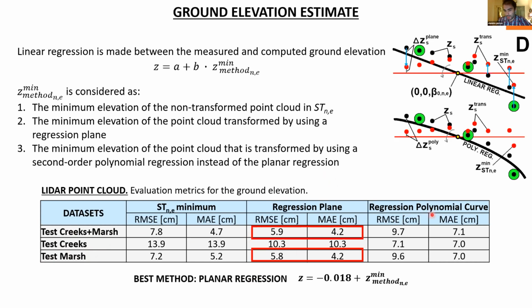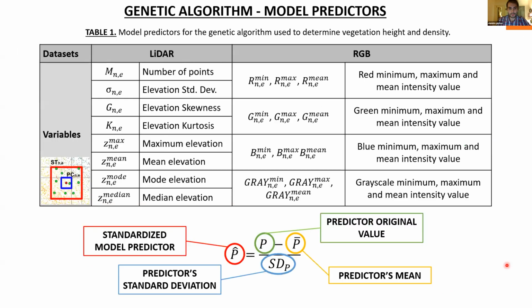But it is pretty interesting that if we use the regression polynomial curve, we have some better results here for the points on the creeks. But we decided to use the regression plane in the interior area just because the marsh occupied the biggest portion of my domain. And this is basically the result from my planar regression.